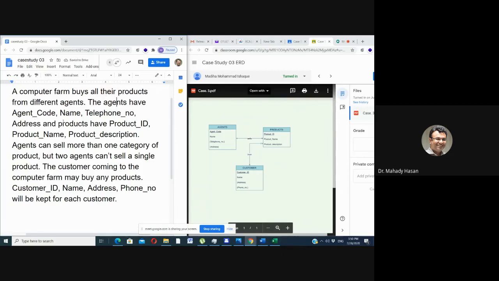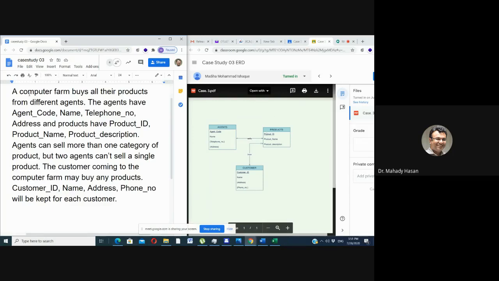The agents have agent code, name, telephone number, address, and the product have product ID, product name, product description. An agent can sell more than one category of product, but 2 agents can sell a single product. The customer coming to the computer farm may buy any product. Customer ID, customer name, address, phone number will be kept for the customer.